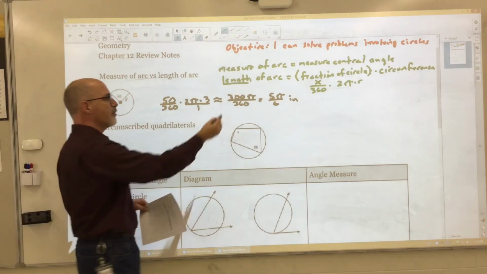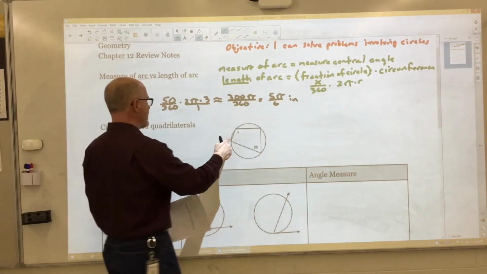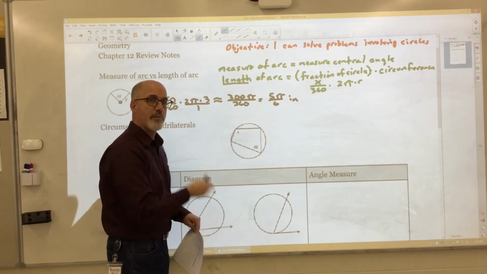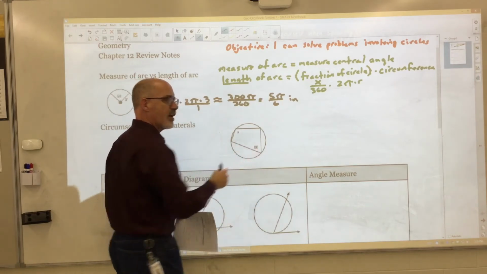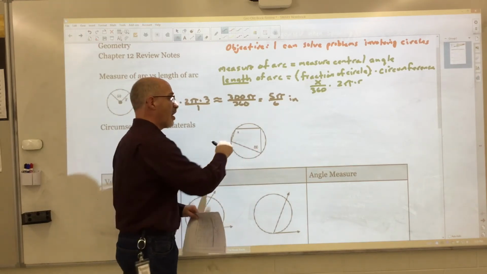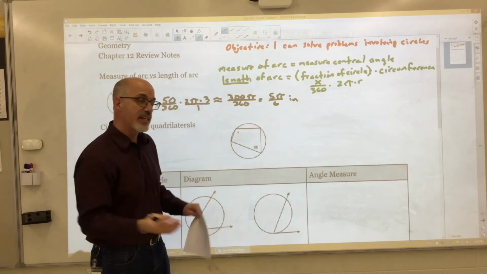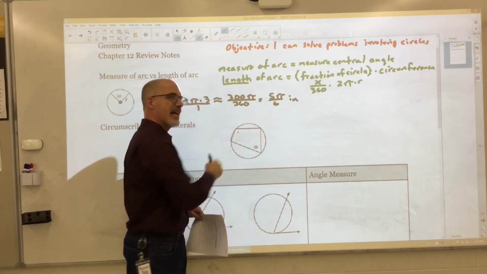All right, now here's something that is new, but we can talk about it in terms of what we know. A full circle is 360 degrees. If we've got this quadrilateral that has been circumscribed by the circle, remember that if this angle is on the circle, you take the arc length, take half of it, and you get that angle.